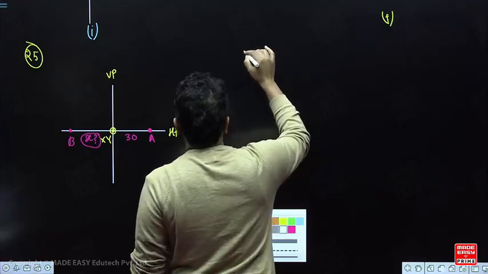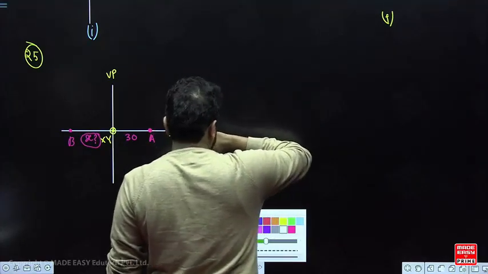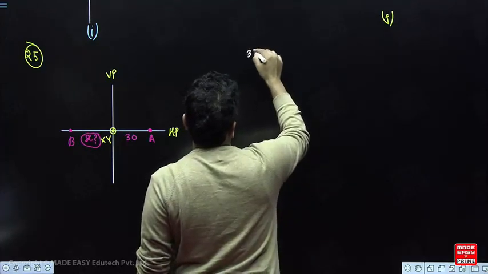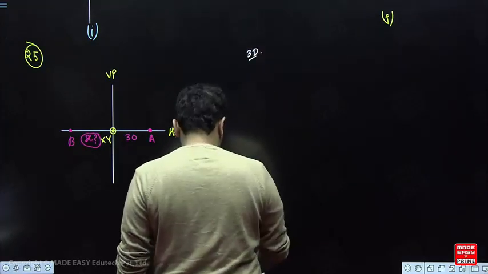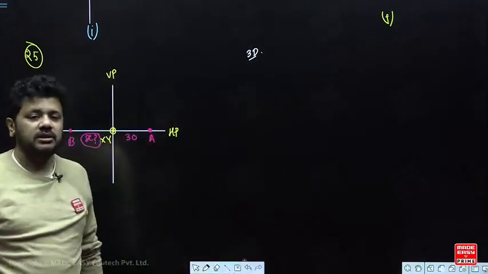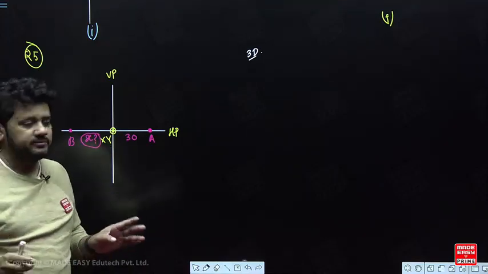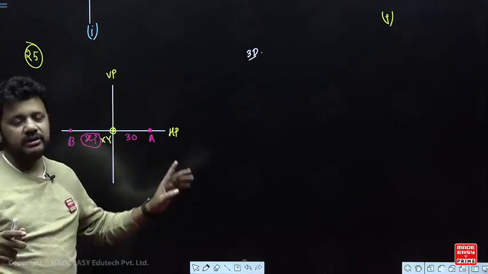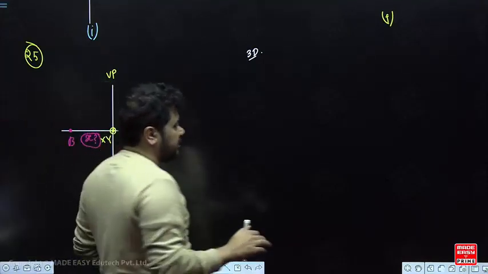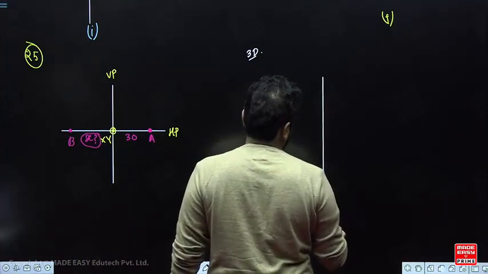so if I draw this figure, right, let us take the 3D view of it. This 3D is not the part of the solution. Just to make you understand the meaning of the distance between the projectors, I am drawing the 3D. It will clear your imagination, that is it. So, that is why I am drawing it.